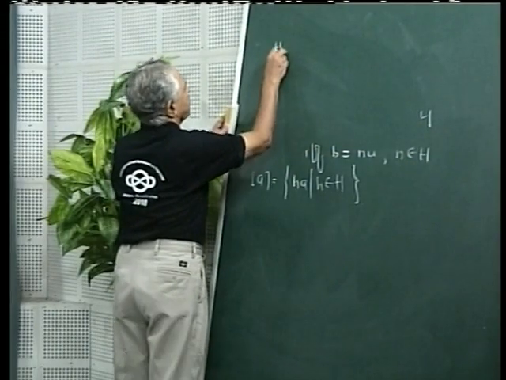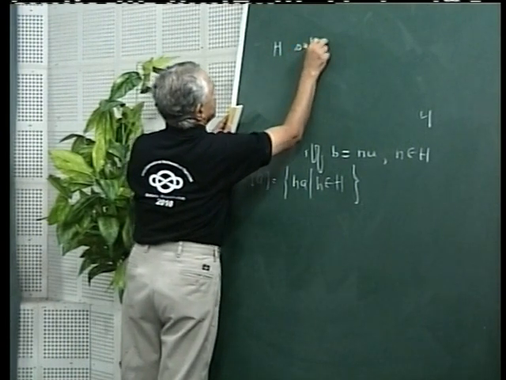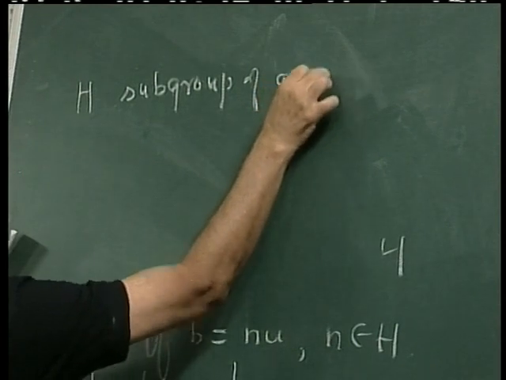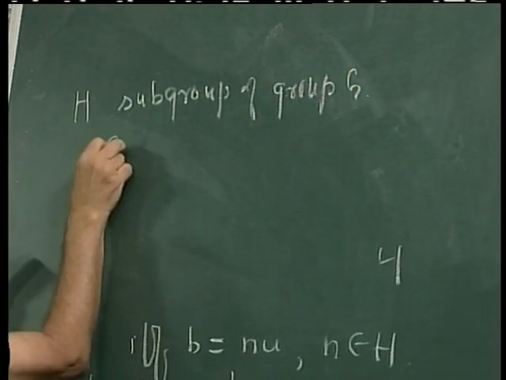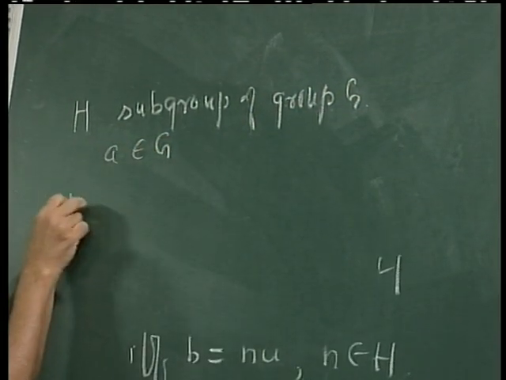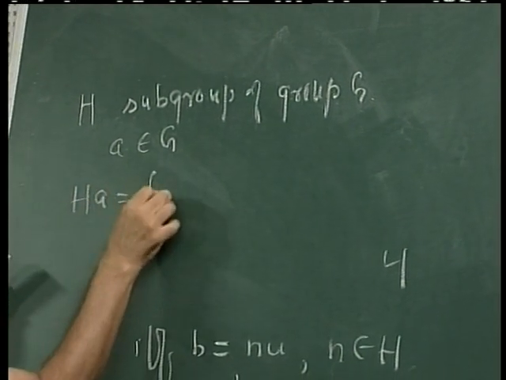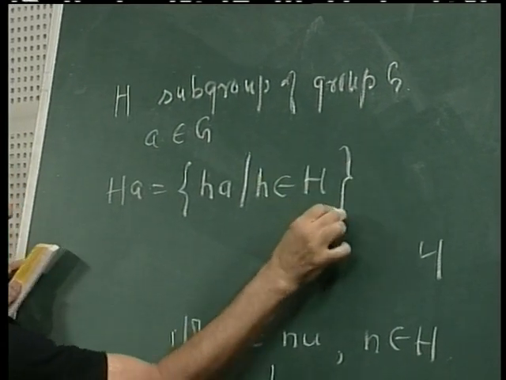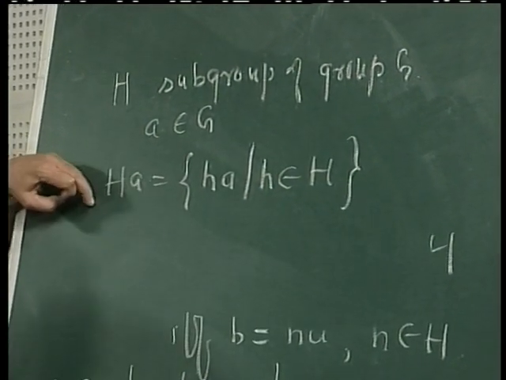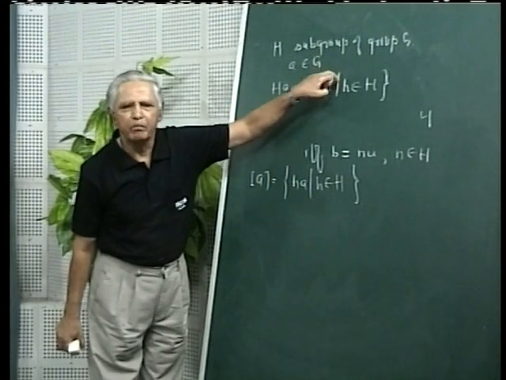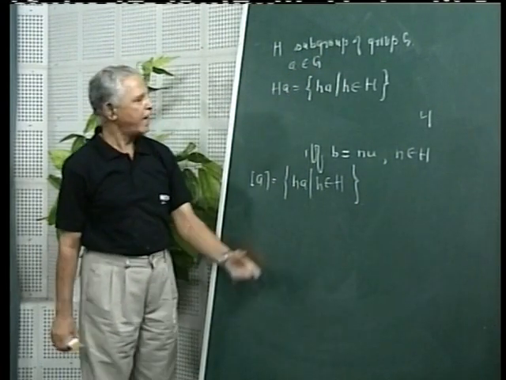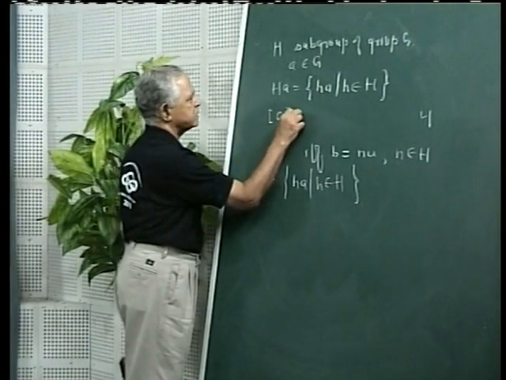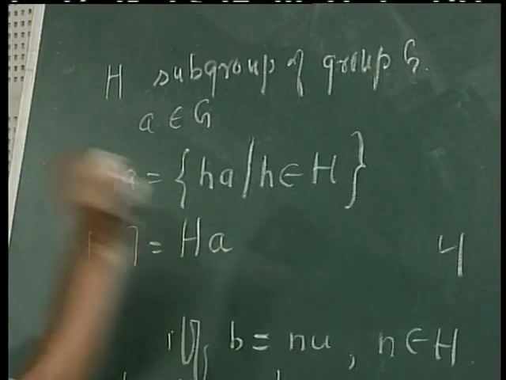Suppose H is a subgroup of group G. Then for an element A belonging to G, the set H A, equal to all elements h A where h belongs to H, is called the right coset of H in G by the element A. And what we prove here is that the equivalence class of A is equal to H A.